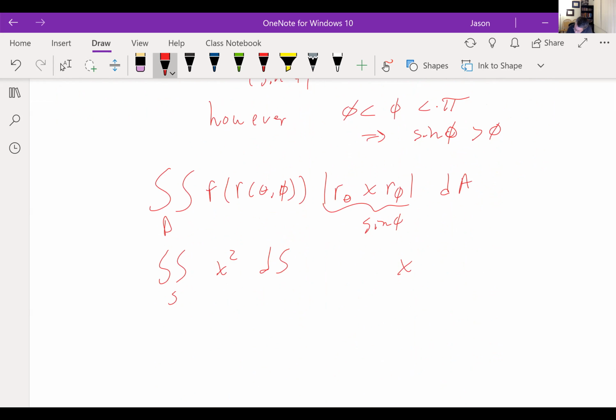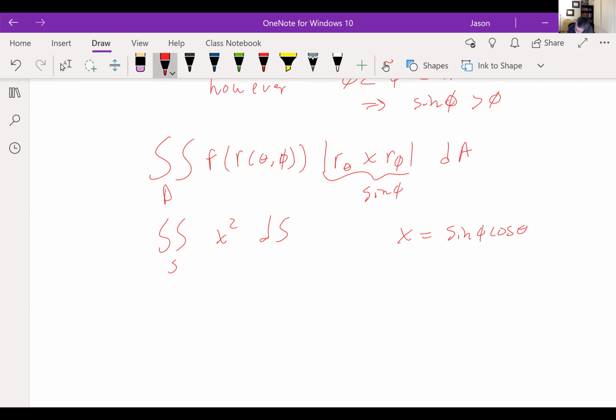What did we say x was? Let me bring it back. In terms of theta and phi, we said that x was equal to sine phi cosine theta.